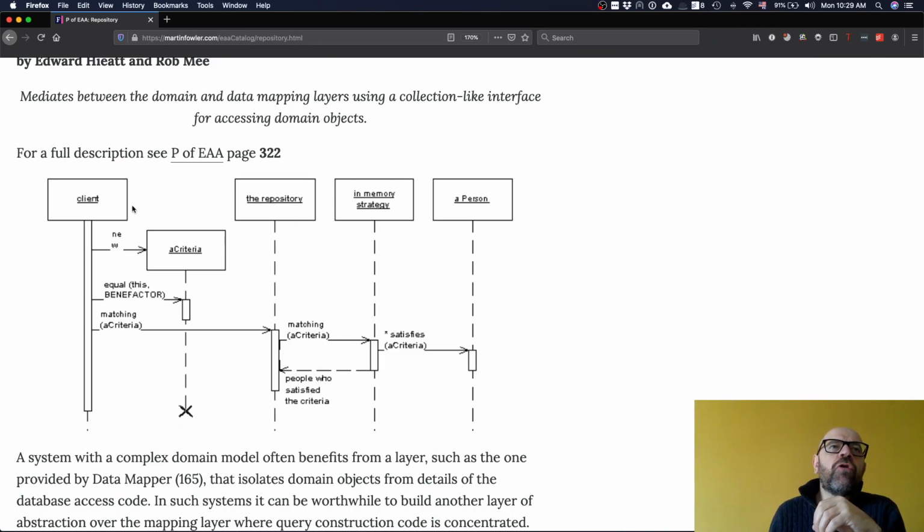So it's strongly related with the query object pattern as well. Okay, I think that's basically this.